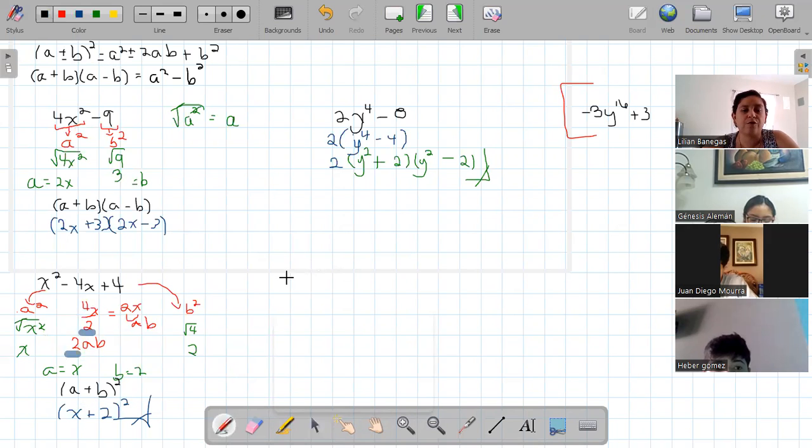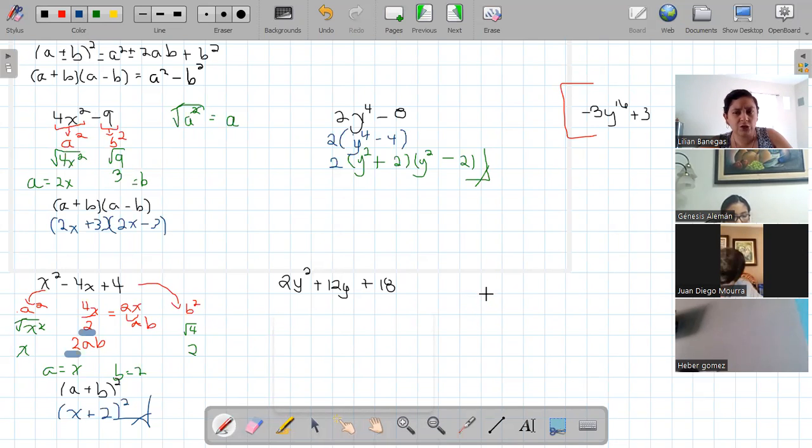So let's see that we have, for example, 2y to the second power plus 12y plus 18. Okay, so first step of solving this, what is the first thing that I need to do when I'm solving a factorization?